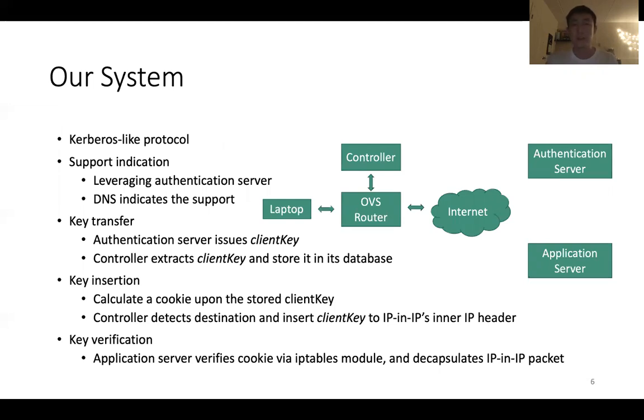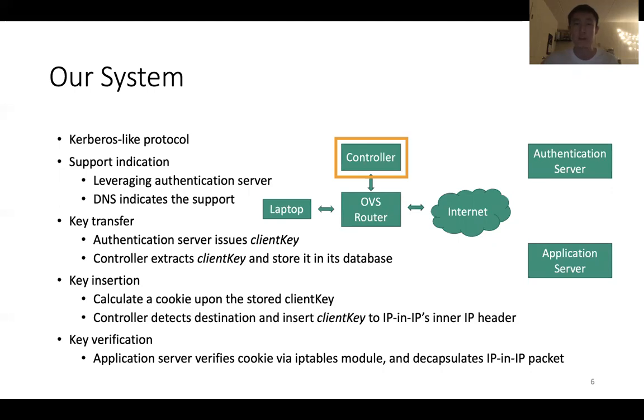Our system is designed as a Kerberos-like protocol because it's used by a lot of companies, especially those who use Active Directory provided by Microsoft. There are two components in our method. The first one is key transfer, and the second one is key verification. Before that, the client needs to indicate support for our method. When the client sends a request to the authentication server, the first packet of this flow is elevated to the controller.